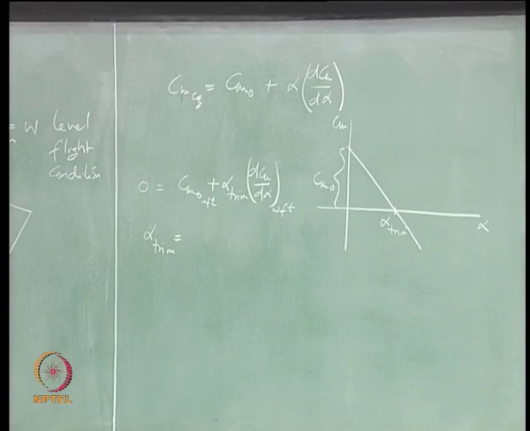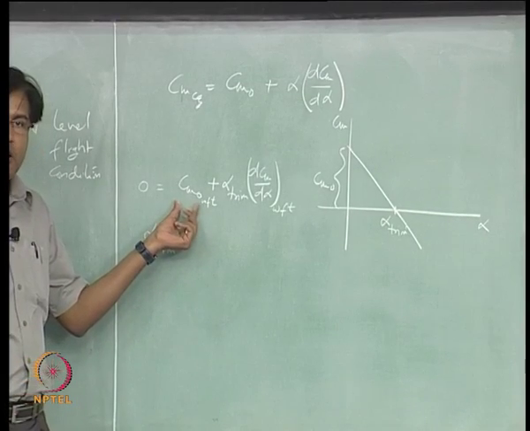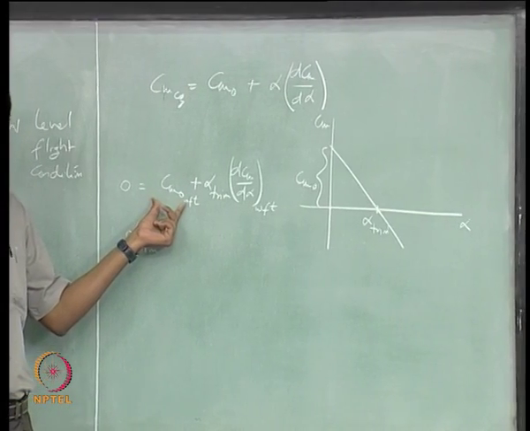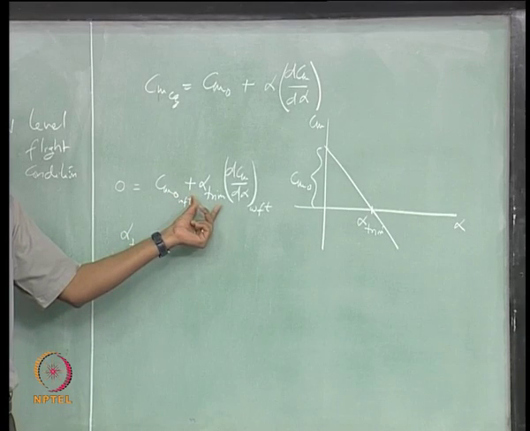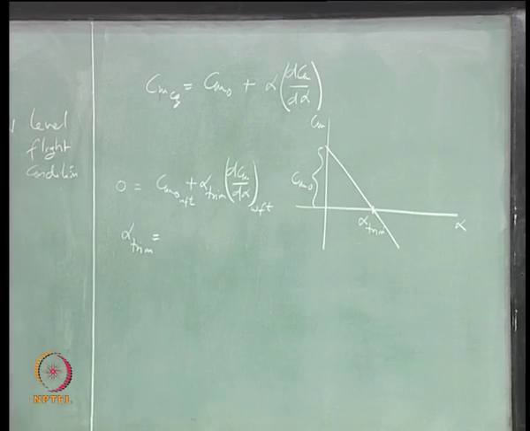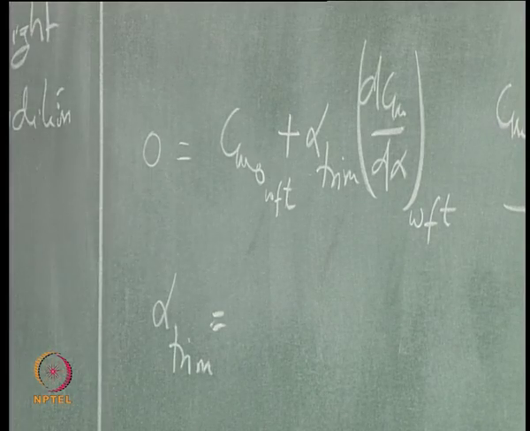right. If you change the wing camber, this quantity is going to change, so that you can get a different alpha trim, right. So that is one thing you can do.